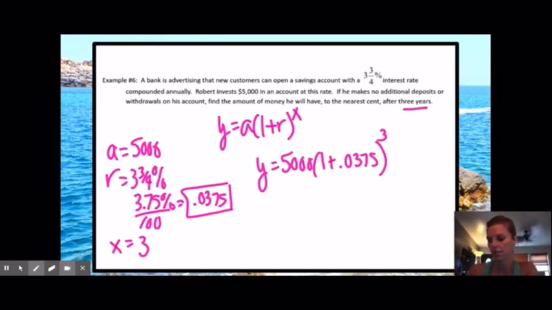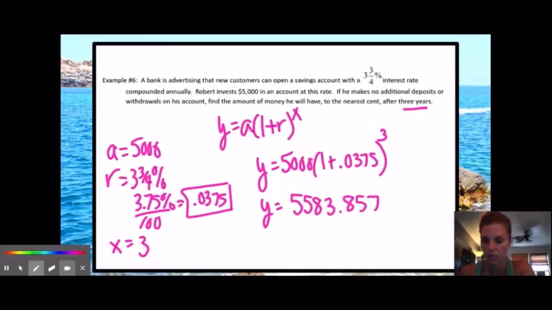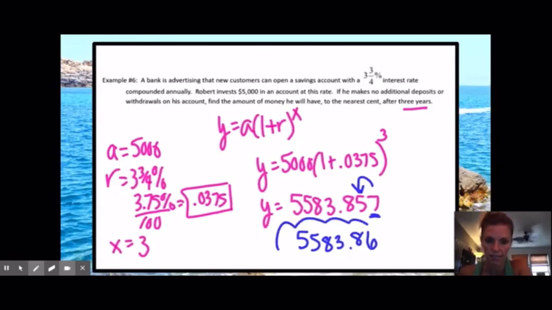In my calculator, 5,000, parentheses 1 plus 0.0375, raised to the 3rd, and after 3 years he has $5,583, and look, it's 857. So in my rounding this time, that 7 is going to change that 5 to a 6, so he has $5,583.86. And there's your final answer for number 6.